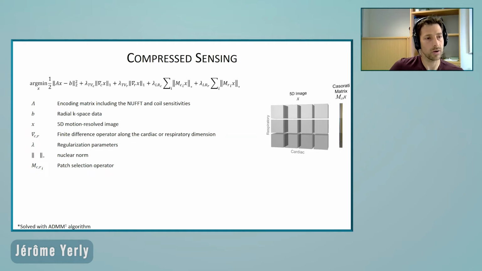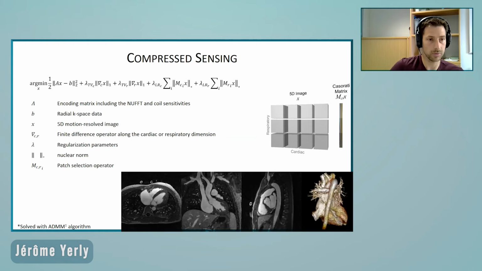But all I want to show here is that we can use exactly this same type of algorithm to reconstruct very complex data. And here you can see an example. We only see the cardiac motion, but these are basically some data that we reconstructed with this compressed sensing algorithm.